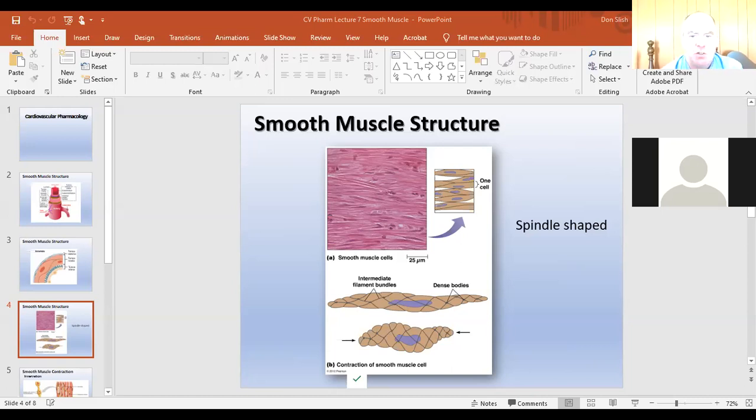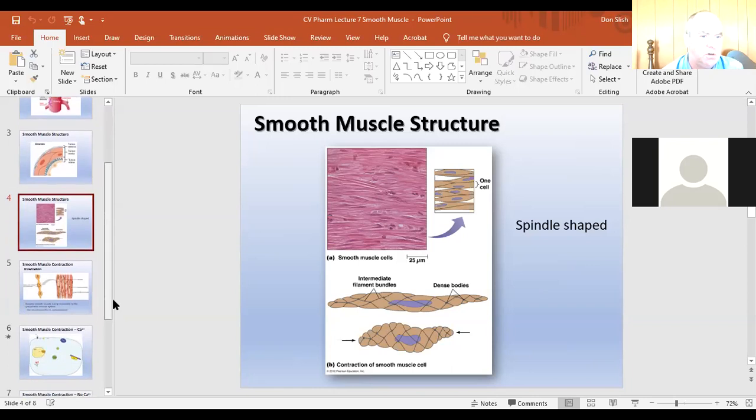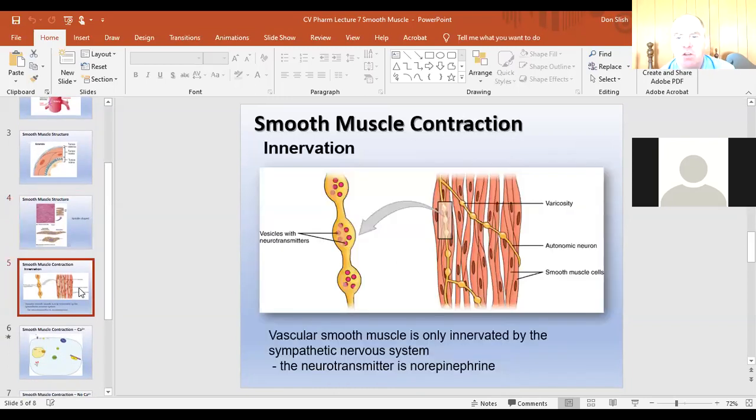Oh wait, before I get into myosin, here's a picture of the innervation of the smooth muscle. Like I said, these sympathetic neurons are going through that adventitia and surrounding the smooth muscle.